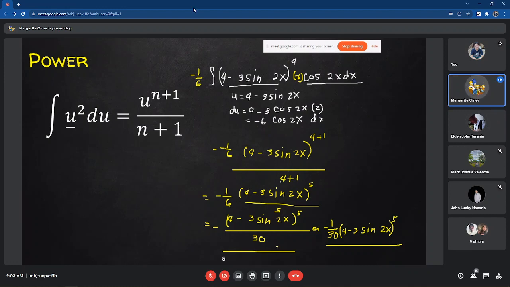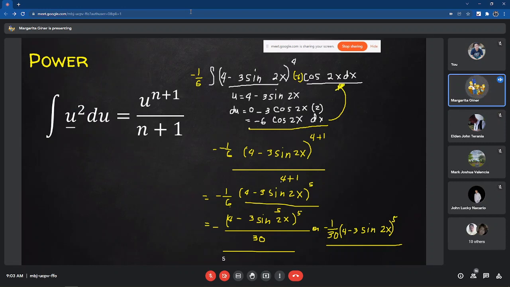May question? Okay, unang question. Ang cosine 2x dx, ngaa na, ma'am? Ang cosine 2x dx. Oo. Gina-solve mo lang ni siya para mabal-an mo kung nag-match siya sa du mo. Okay?